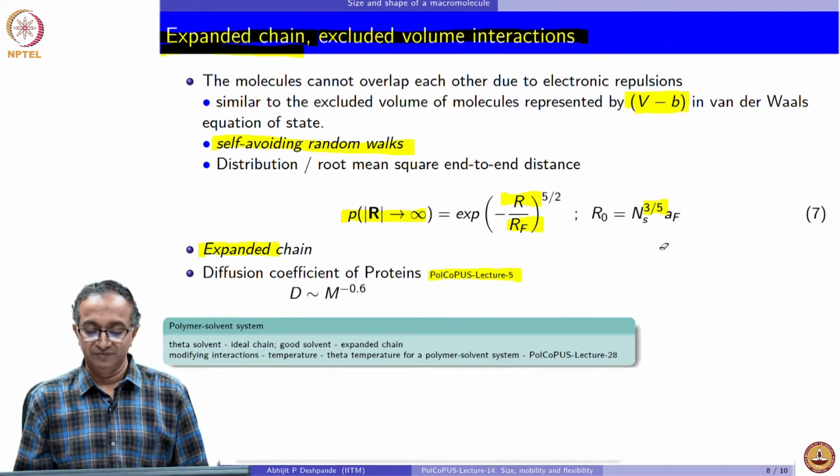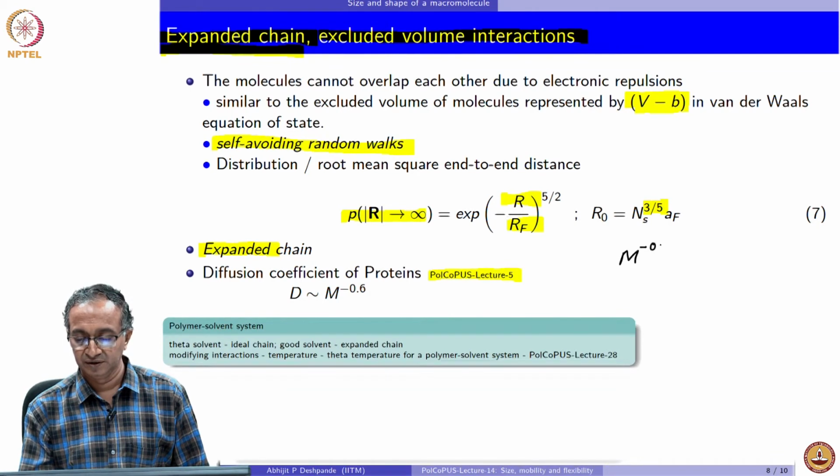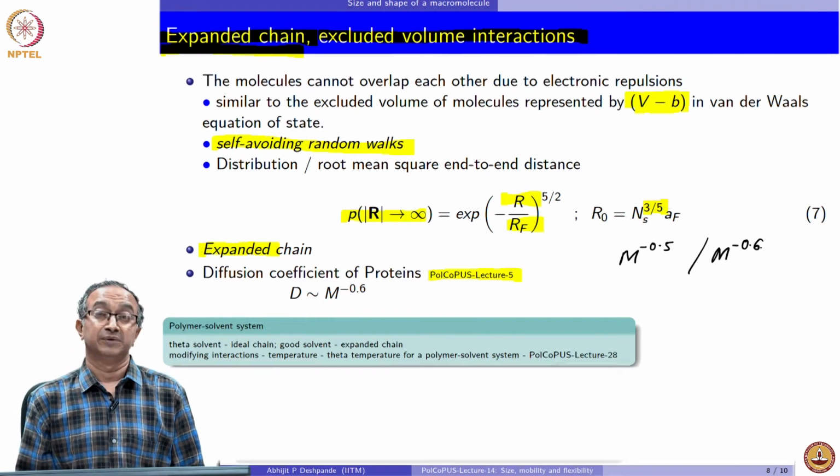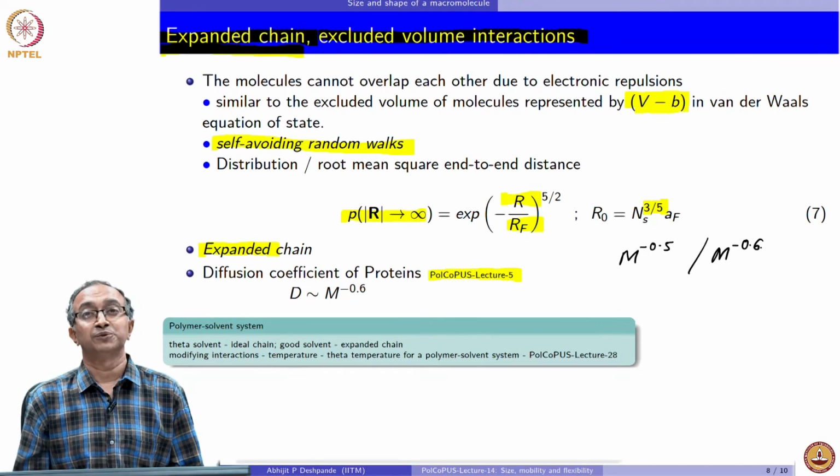So in that lecture we had described the diffusion coefficient as a function of molar mass using two different theories, where diffusion coefficient goes as molar mass to the power minus 0.5 and molar mass to the power minus 0.6. Now you know the background behind why we use those theoretical curves to compare the diffusion coefficient of protein with molar mass.